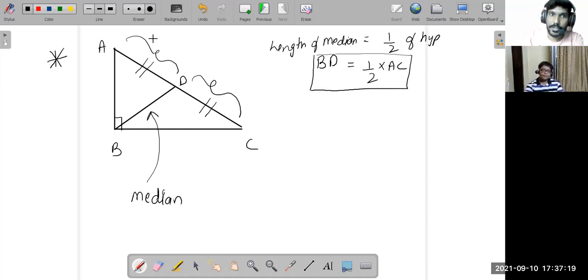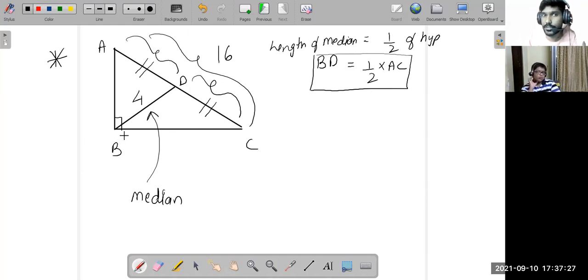Yes, sir. That means suppose if your hypotenuse is 16, then half of 16 is 8, so BD, the length of the median, will be 8. Getting it? So whatever is your hypotenuse, half of that will be the length of the median.